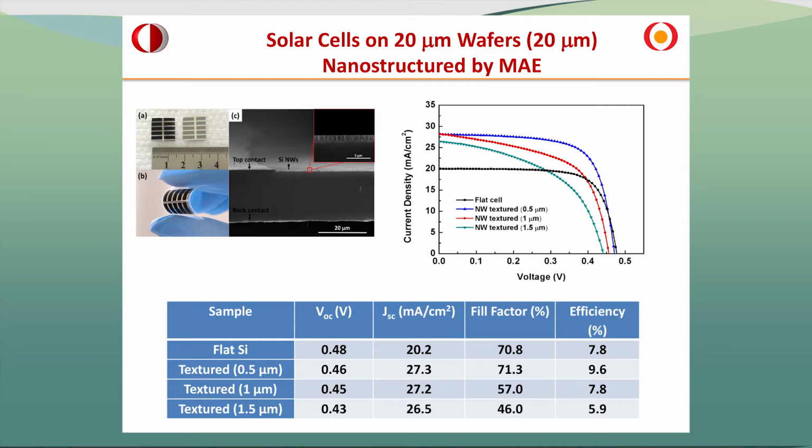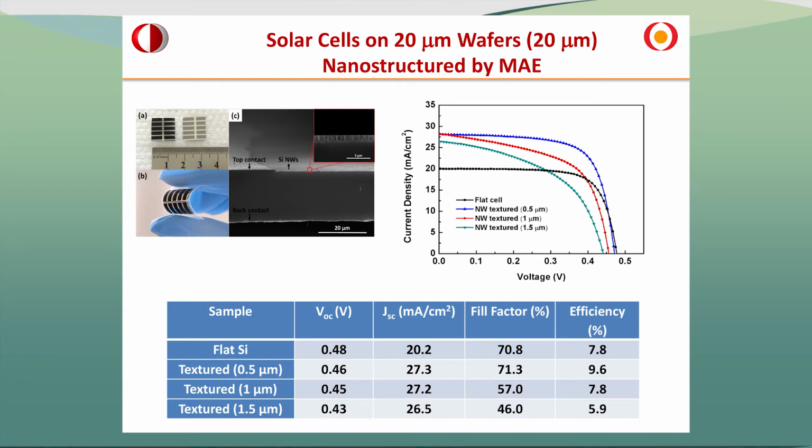This was also applied to solar cells. But making a solar cell with a 20 micron thickness wafer is not very easy. It's quite brittle, so you can break it very easily, although it has certain flexibility, as you see here. But we were able to make solar cells, and we obtained these IV curves from these thin wafers.